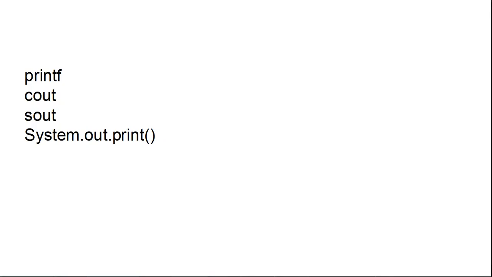C++, for example, prefers cout, as in C out, instead of printf, which is heavily used in C. Java changed cout to sout, as in system out. Actually it uses system.out.print, but the programming environments make it easier for us. If we type sout and press tab in NetBeans, it will be converted to system.out.print.